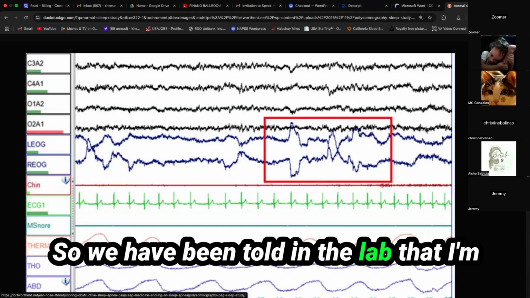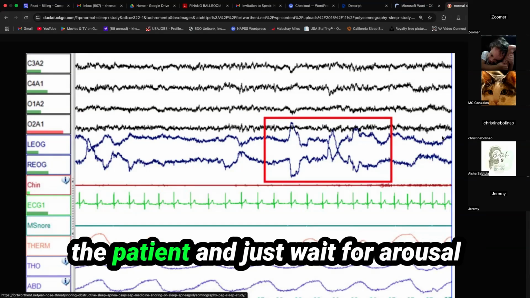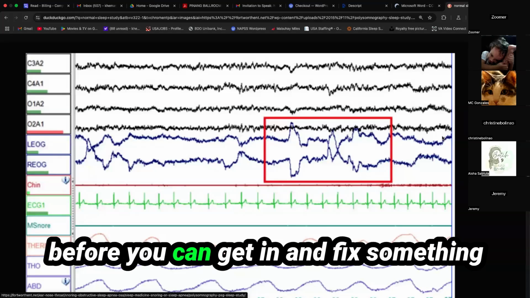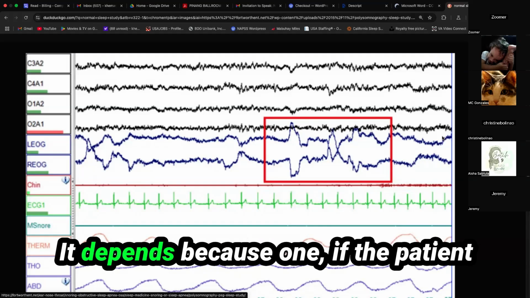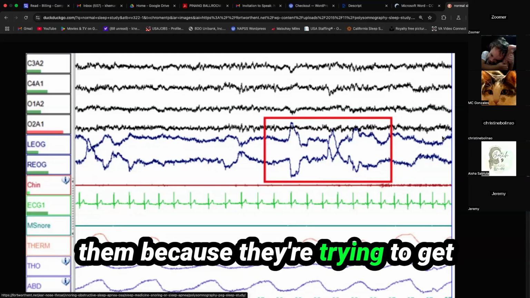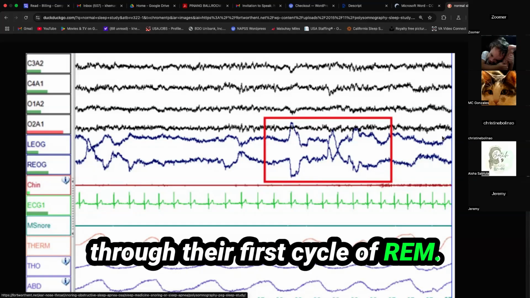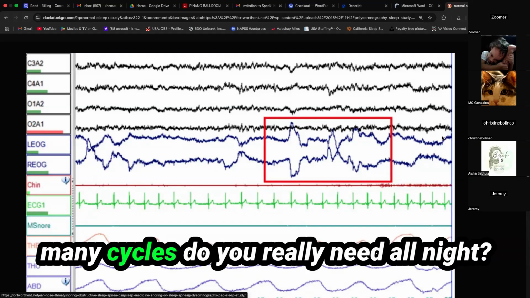We have been told in the lab I'm working at not to disturb the patient during REM and just wait for an arousal before you get in and fix something like the oximeter or sensors. It depends, because if the patient just got into REM, don't disturb them because they're trying to get through their first cycle of REM. And so when we get into REM sleep, how many cycles do you really need all night?